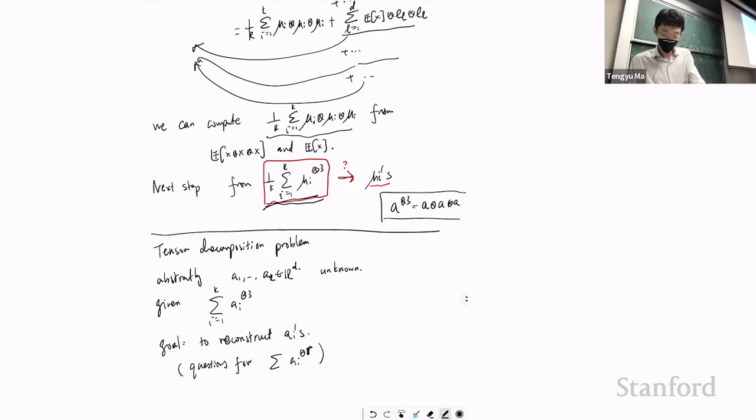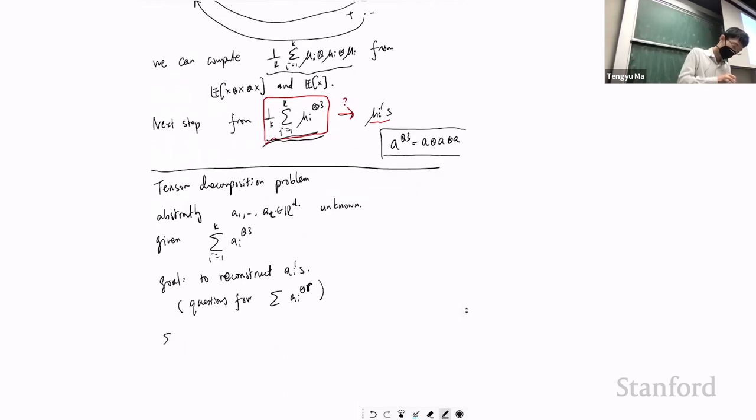This tensor decomposition problem also has certain notions, so let me introduce some notation, the rank of the tensor. So some basic notions. Let's say a tensor b tensor c is a rank 1 tensor. This is the definition of a rank 1 tensor.